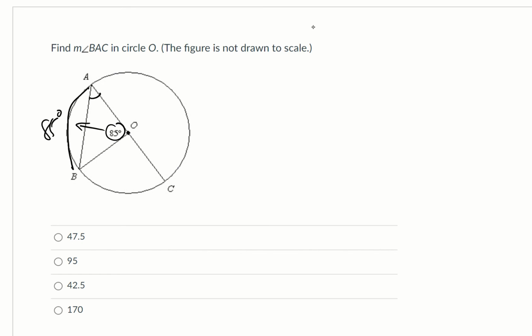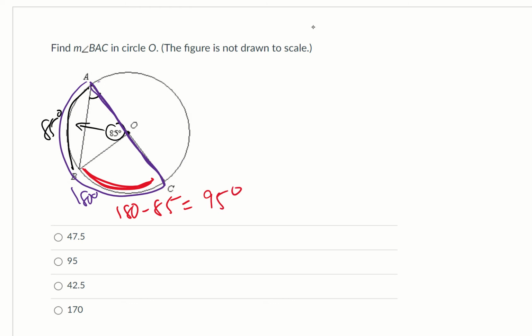And we know that this right here is a diameter, which means it cuts the circle in half, so this entire arc is 180, because that's a half circle. Now, if that's 180, then this part right here is 180 minus 85, which is 95. So we know that that red arc is 95.